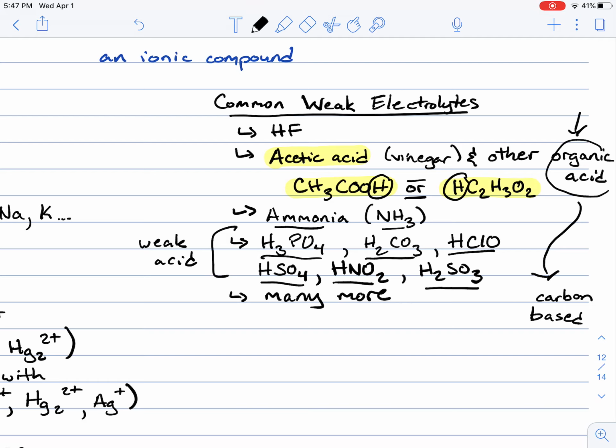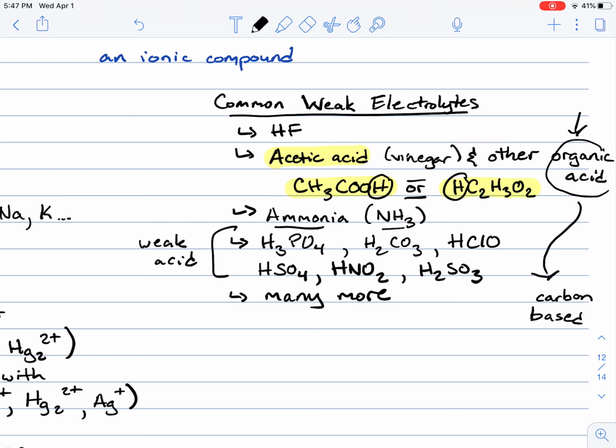So all of these are going to be our common weak acids, and they're going to partially dissociate in water, producing a very weak conduction of electricity, just because there's not a lot of ions present in that solution.